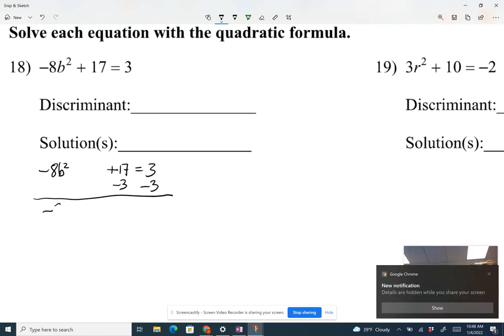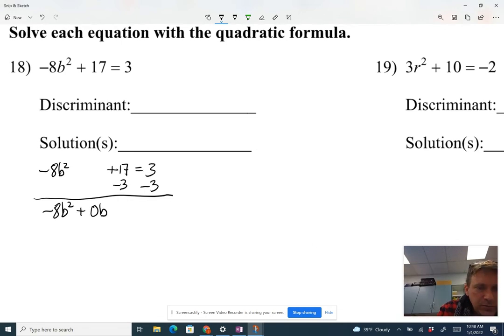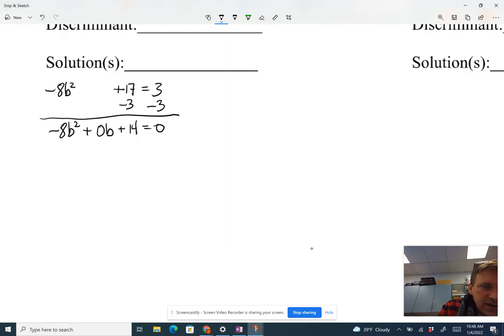So I get negative 8b squared plus 0b. There's no b there, which is the same as saying there's 0b. 0 times b is 0. Plus 14 equals 0. And then I can say a equals negative 8, b equals 0, c equals 14.